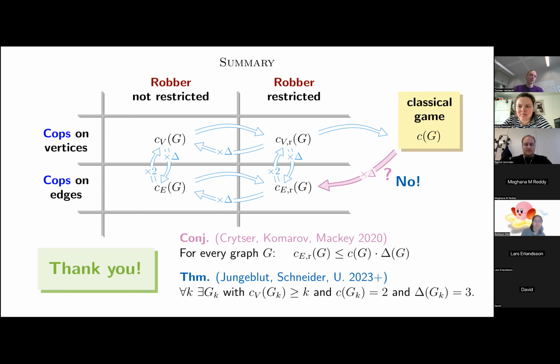What I should, for instance, mention is that the most important and most well-known variant besides the classical one is where the cops have helicopters. They can freely relocate themselves in the graph. And the robber has infinite speed. So he can move along the edges, but can do so infinitely fast. In this variant, if you compute the corresponding number of cops, it is exactly the tree width of the graph.